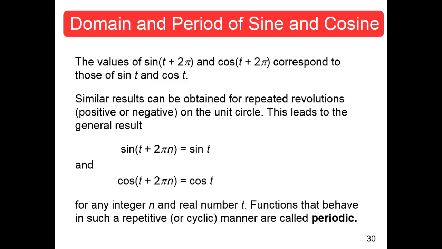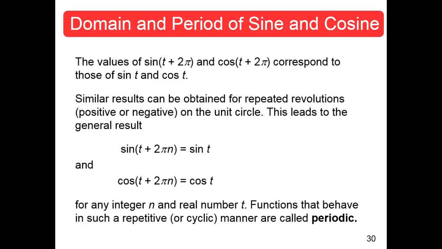Similar results can be obtained for repeating revolutions, positive or negative, on the unit circle, and that leads to this: the sine of t plus 2n pi. They say 2 pi n, which is fine, but to me it makes more sense as 2n pi because n is any integer. When n is 0, that would just be t.